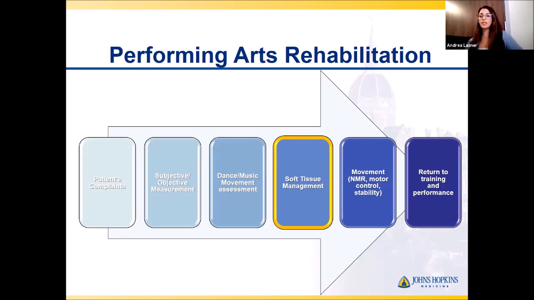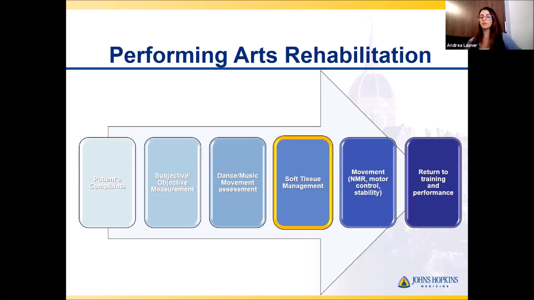So it's really looking at what is happening to the tissues, what is compensating, what needs attention. And that's really where we're going to focus today, why it's highlighted in yellow. But not only is the manual piece important, once you have helped decrease any tension, any swelling, anything that needs that manual attention, it's following it up with movement and motor control, right?